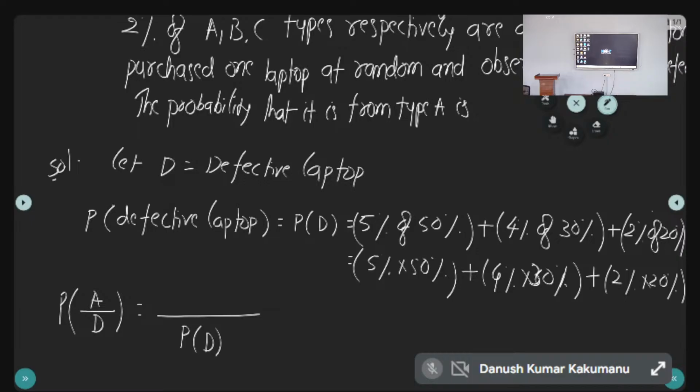Among defectives, only the type A case, that is 5% into 50%. Clear? If they ask about type B, it will come to the numerator. If it is type C, it will come to the numerator. Apart from these three questions, they can ask one more question also. What is that question? A customer purchased one laptop randomly.